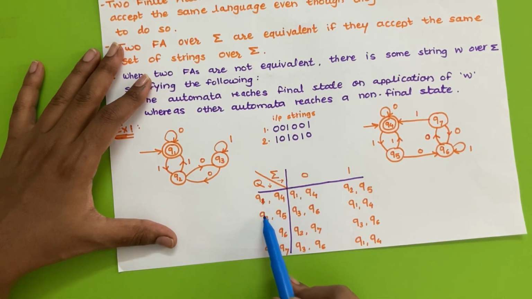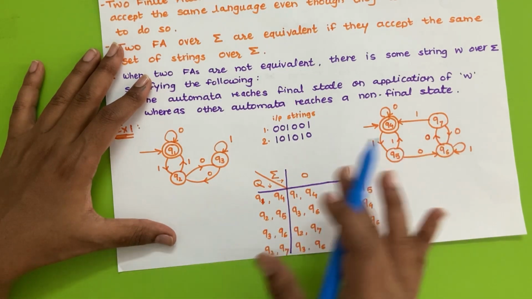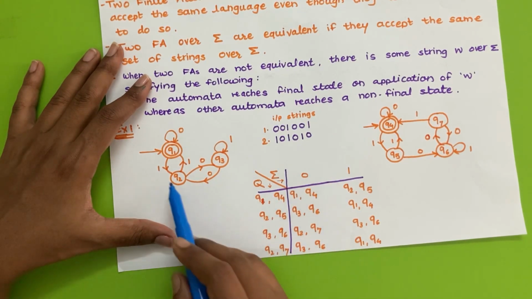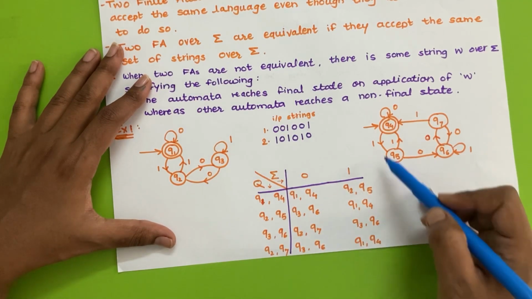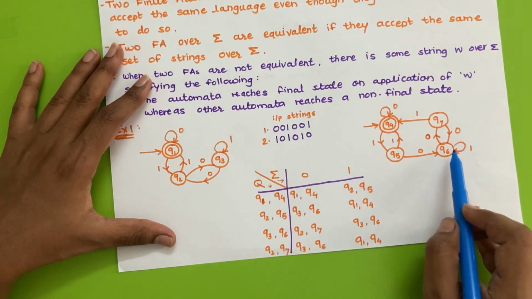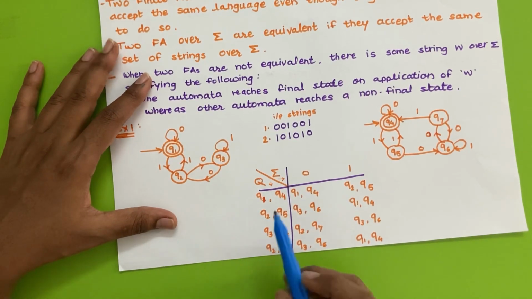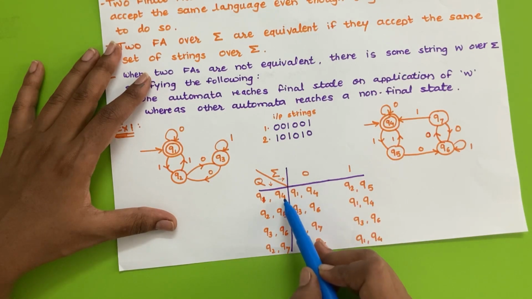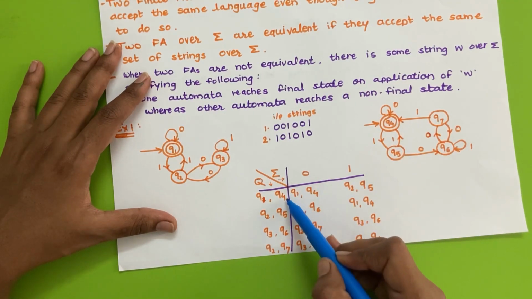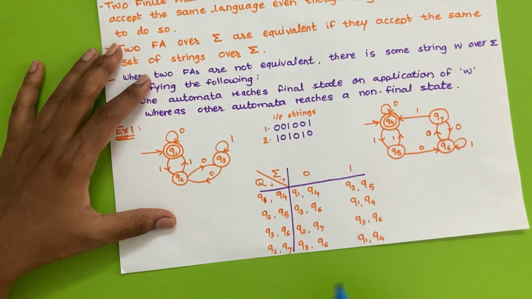Here we have written the transition table for these two. The left hand side symbols relate to this finite automata and the right hand side symbols relate to this finite automata. Now we will observe one thing: I have written q1, q2, q3 here, and q4, q5, q6, q7 for this finite automata.